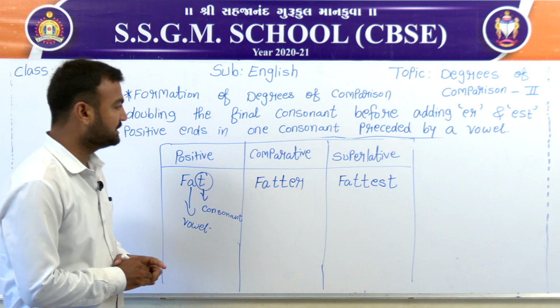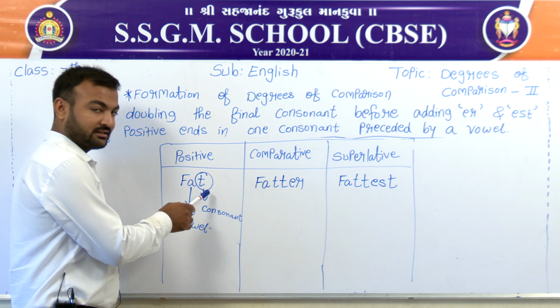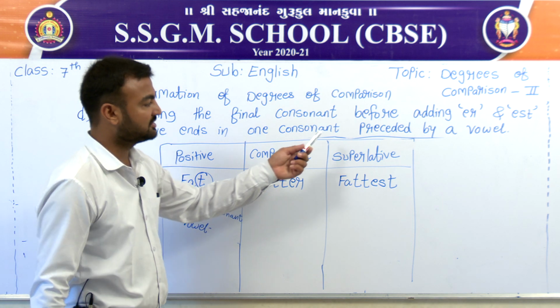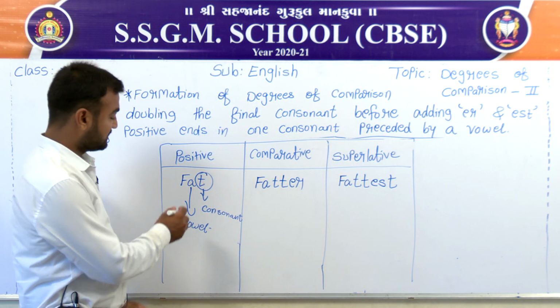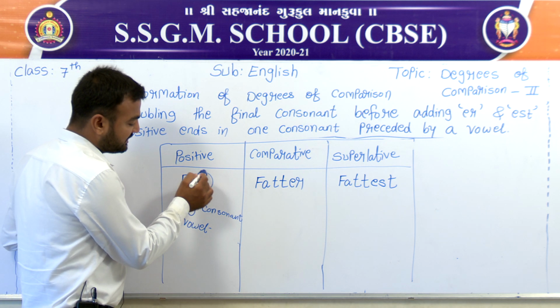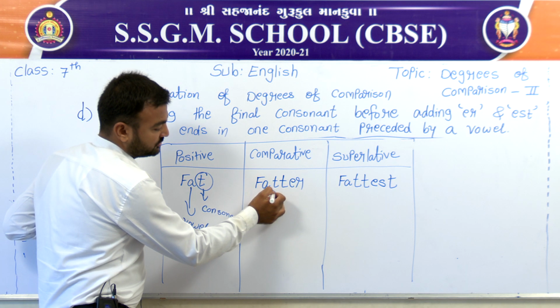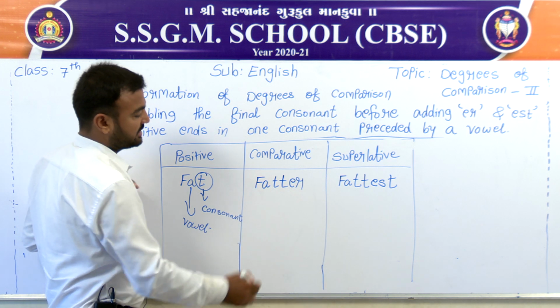So what we have to do is just see that the final letter is a consonant and if it is preceded by a vowel, yes, it is preceded by a vowel, at that point of time we have to double the last consonant letter, as I already wrote over here, FAT.